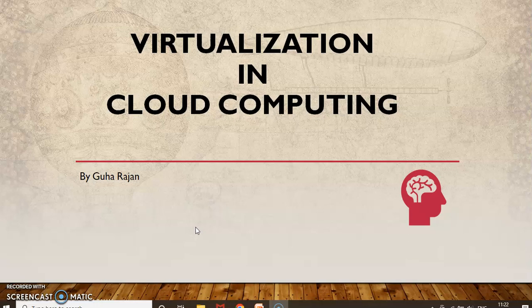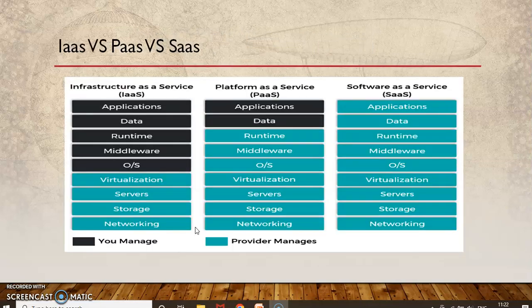So before getting into the details, we have seen that, as far as cloud computing is concerned, there are three different deployment models. One is infrastructure as a service, and platform as a service, and software as a service. We saw a pictorial representation, a block diagram, giving all the details.